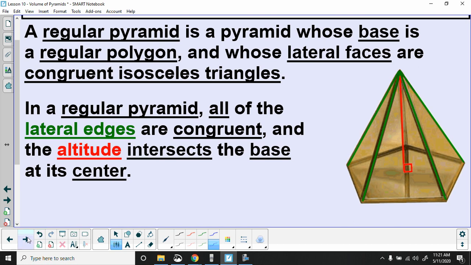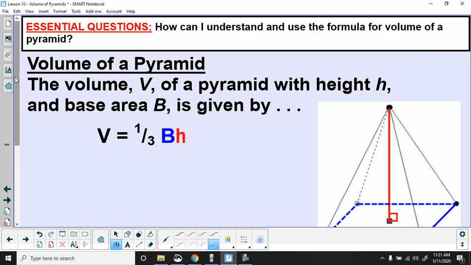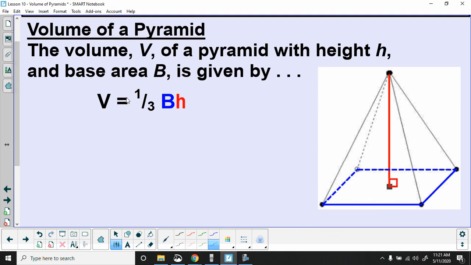So, the volume of a pyramid is going to be V for volume, with the height H and the base area, big B, given by the formula. Now, remember, this B is base area.